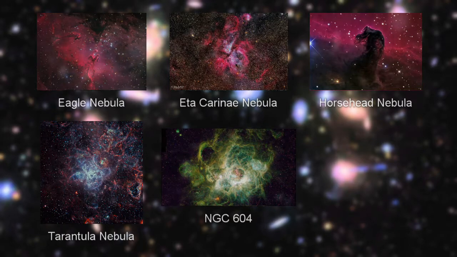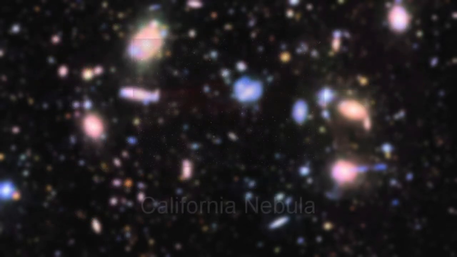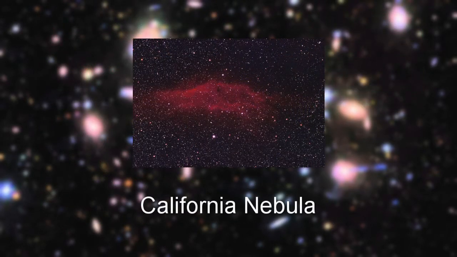The exception though, in these images at least, is the California Nebula. In the case of this one, the nebula appears to be very dark and dim, and that is because hydrogen atoms are generally recombining with the lost electrons that are floating around in the H2 region. Remember, they are ionized.